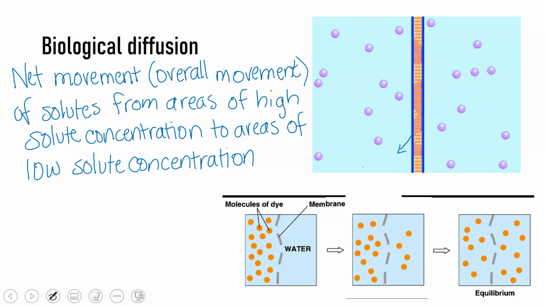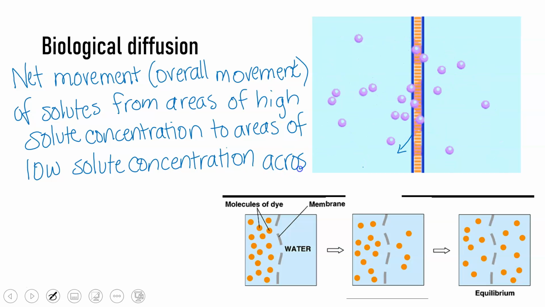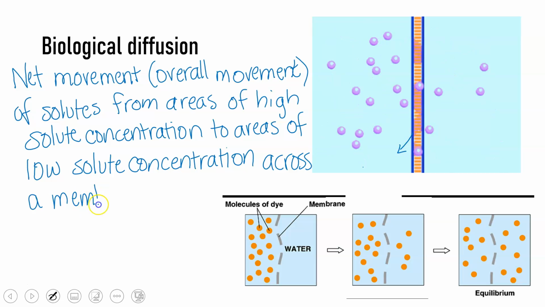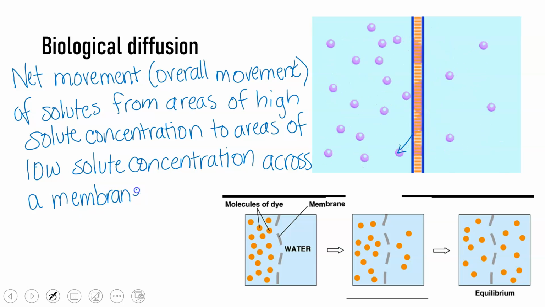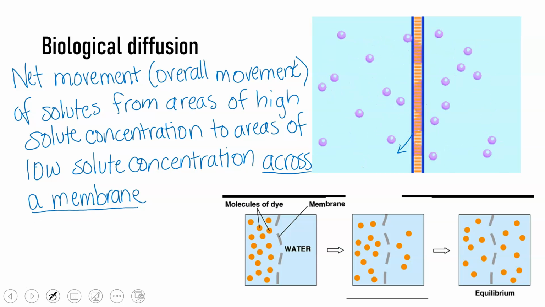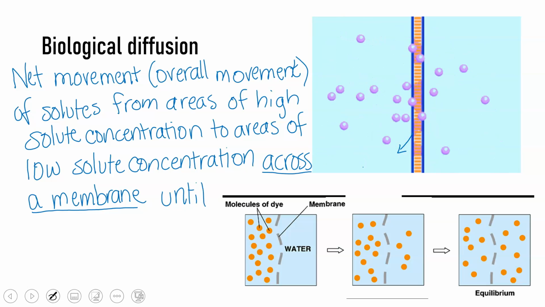So we got our net movement of solutes from areas of high solute concentration to areas of low solute concentration. What's different here is they are moving across a membrane. Okay, and these molecules will keep moving until they reach equilibrium, and we'll define equilibrium on the next page.